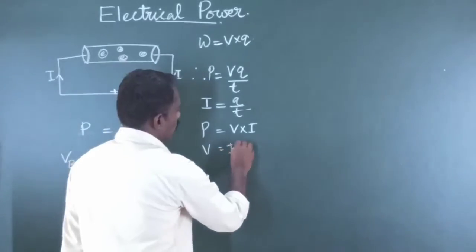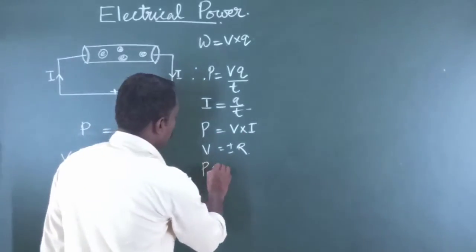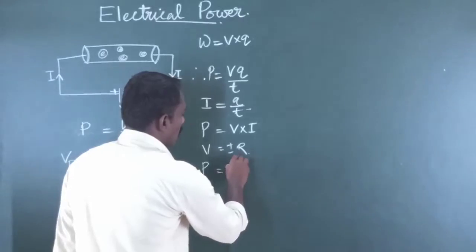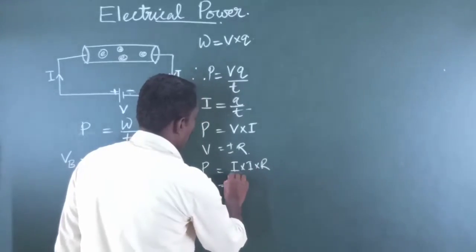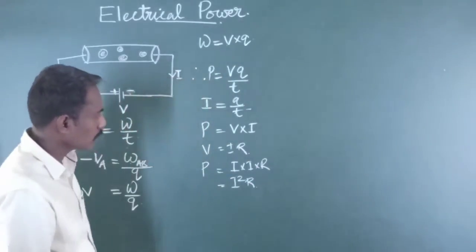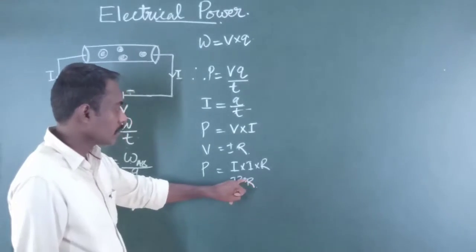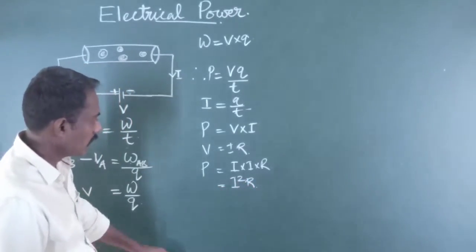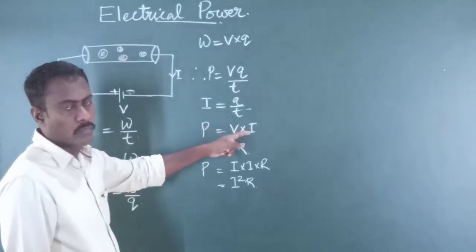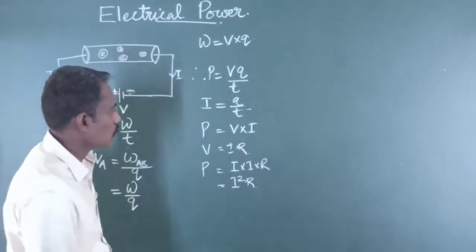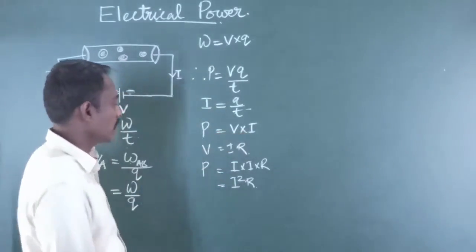V is equal to I into R. If we substitute the value of V in this equation, we will get P is equal to I into I R, that means I square R. And also as per Ohm's law, the value of I is equal to V by R. The same can be substituted in this equation, so what will we get?